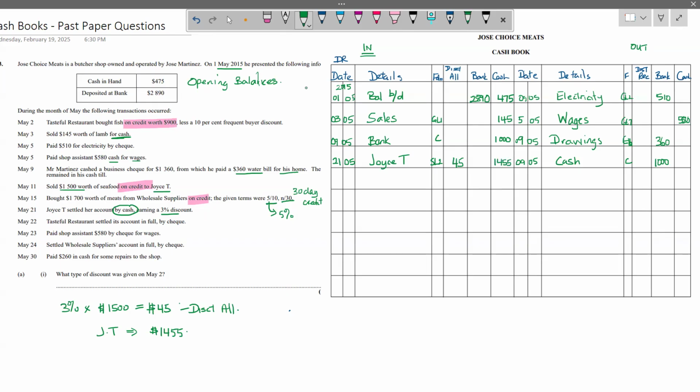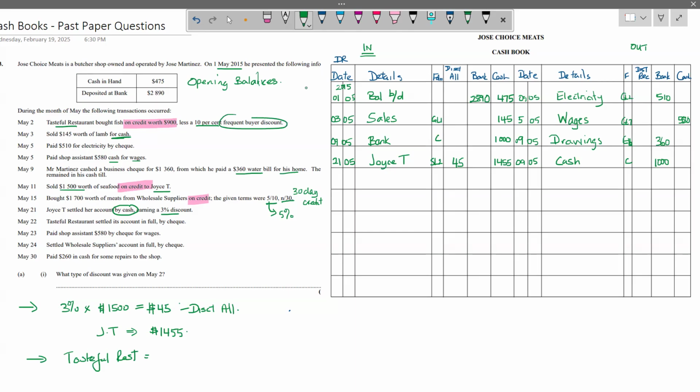Okay? 22nd of May, Tasteful Restaurant settled its account in full by check. That's these people up here. They bought $900 worth of goods, less a 10% frequent buyer discount. So this was for Joyce. We have Tasteful Restaurant. This is not a discount allowed, but rather a trader discount because they are frequent buyer.